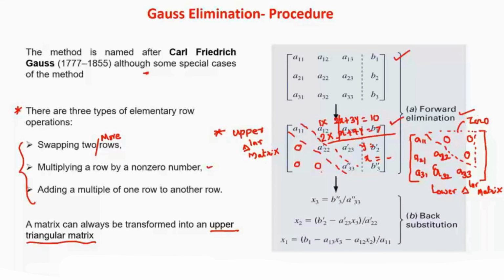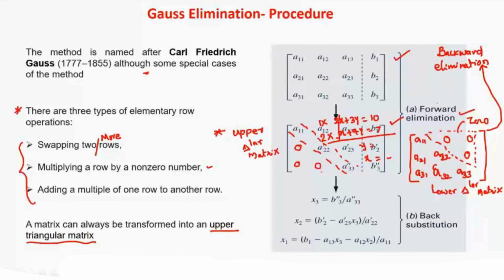To obtain the upper triangular matrix, we use forward elimination. To obtain the lower triangular matrix, we have to apply backward elimination. Either of these two you can use, any one.